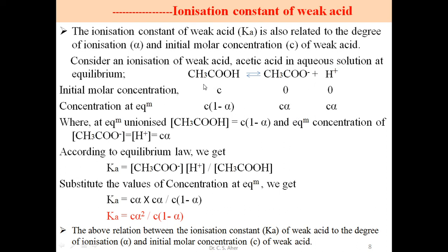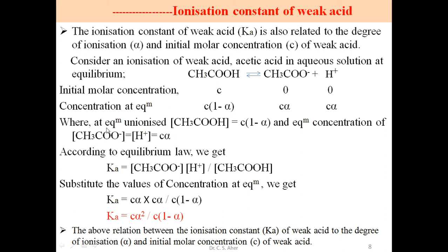The remaining acetic acid decreases by C alpha, so the remaining concentration is C minus C alpha. When we take C common, the remaining term is 1 minus alpha. So this is the equilibrium concentration of acetic acid: C into bracket 1 minus alpha.